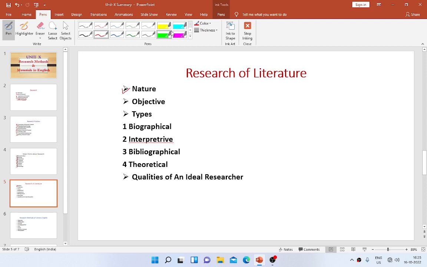Literature is different from the natural sciences and social sciences. It is a product. Literature is a product of creative writing. Literary research cannot confine itself to either text or the writer. It has to study both text as well as writer.